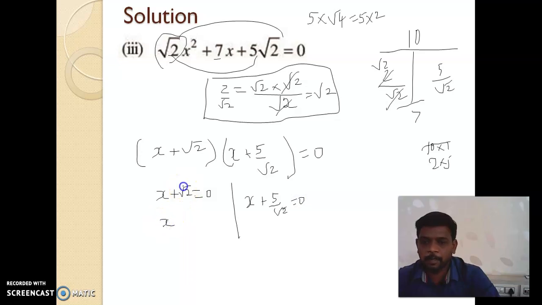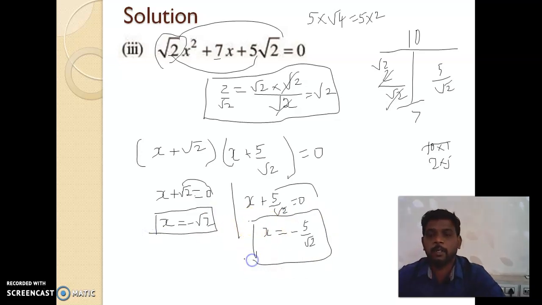So x, when we transpose this to the right hand side, it will become minus root of 2. What about here? So x equal to, and when we transpose this to the right hand side, it will become minus 5 divided by root of 2. So these are the two solutions of the given quadratic equation.